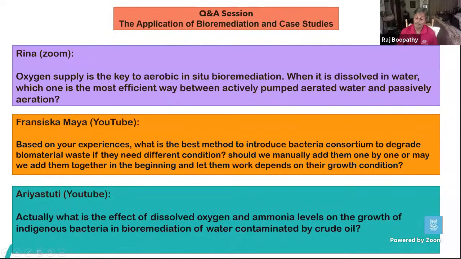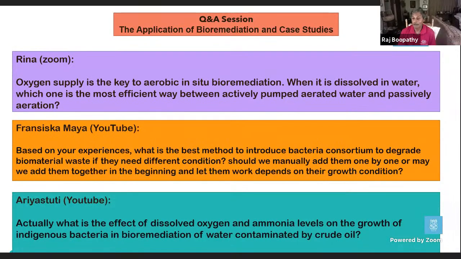We put them all together and that worked better. We didn't expect that at all. We thought individual electron acceptors would work better. So it's always good to do a little bit of bench scale study before you apply this. There is no one size that fits all scenarios. It depends on the site, and it depends on what biomaterial you're trying to clean up.